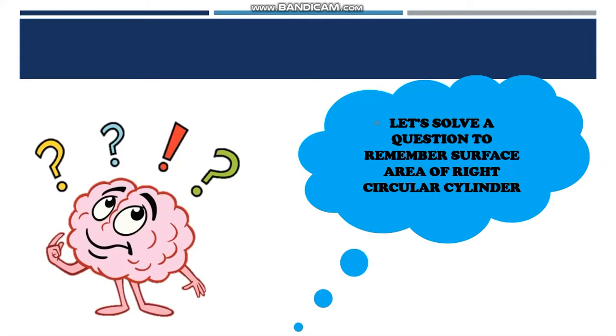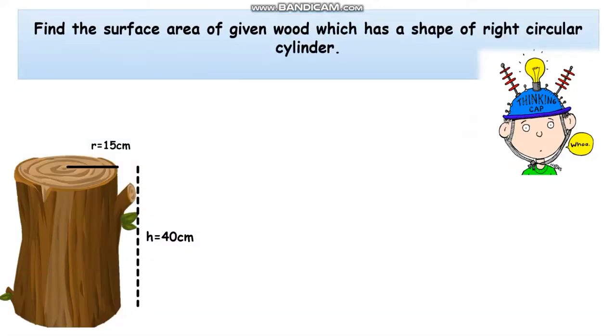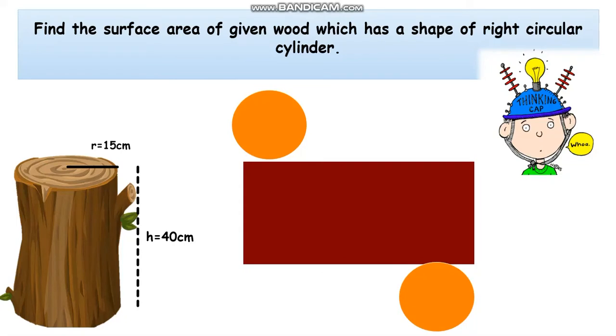Let's solve a question to remember surface area of right circular cylinder. What does the question ask? It says find the surface area of the given wood which has a shape of right circular cylinder. So if this wood has a shape of right circular cylinder, when we open this wood, which is the net, we will face with a shape like that.